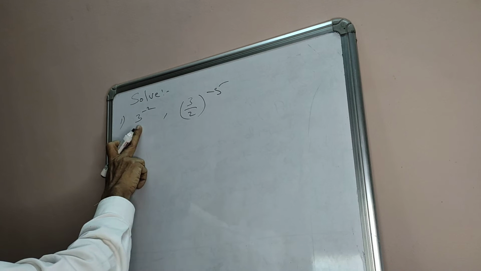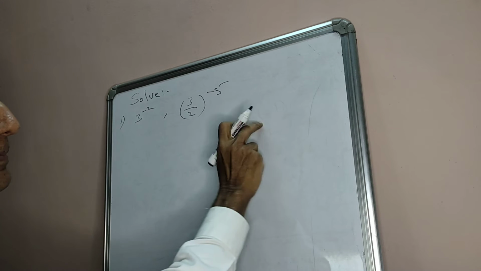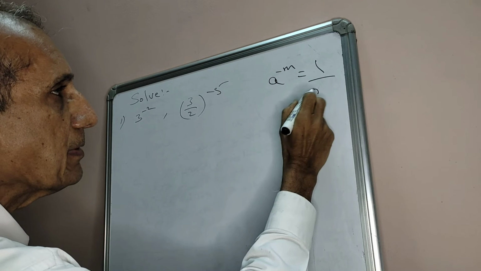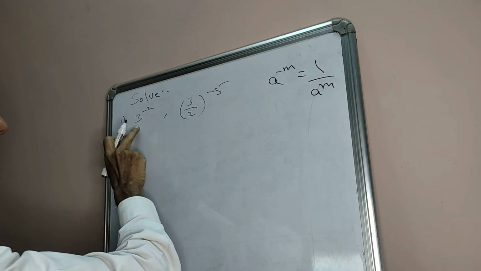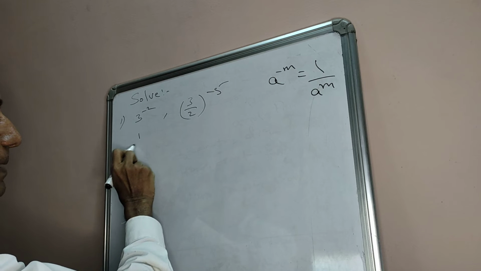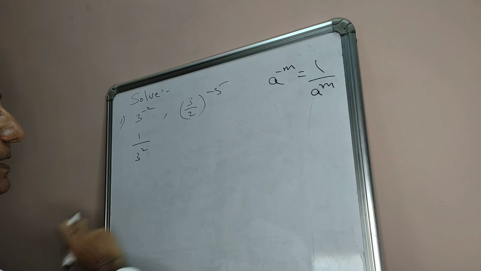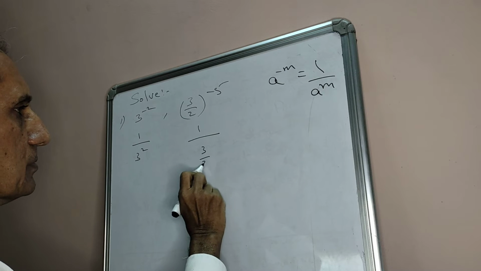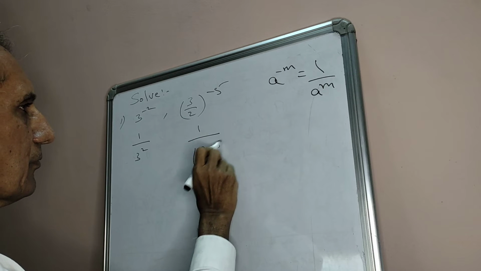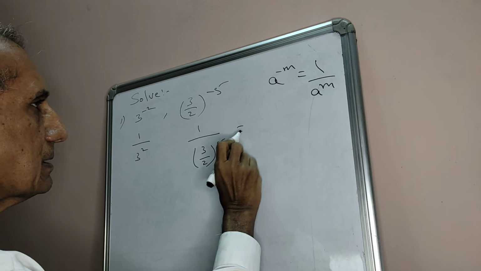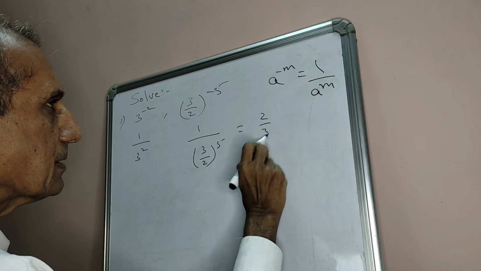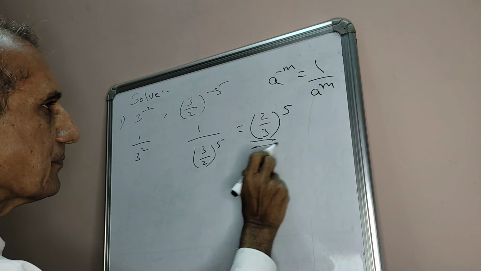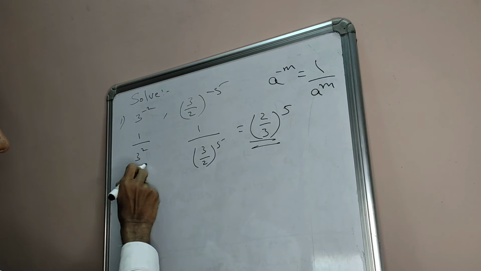You know very well this comes under which law? a^(-m) is 1 by a^m. So this will become 1 by 3 square. And this will become 1 by (3 by 2) whole to the 5. That means this becomes (2 by 3) whole to the 5. So the answer for this is this.